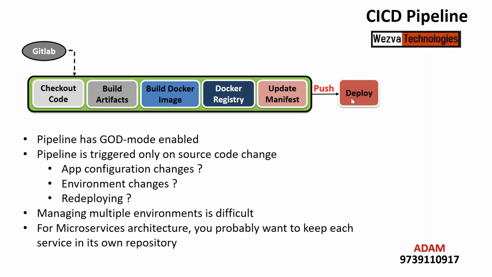Because for running your CD pipeline, you are allowing the pipeline to have all the credentials through which you allow it to connect. But this is where there is a loophole, wherein if you are focusing on a more cloud native solution and looking at security, this is not a good practice, because this pipeline has God mode enabled. So when I say God mode, pretty much you have every credential, right?